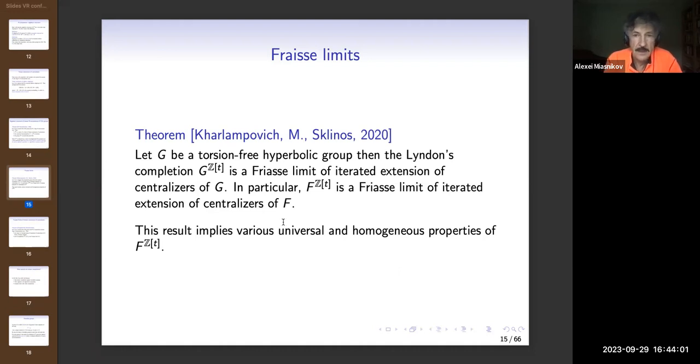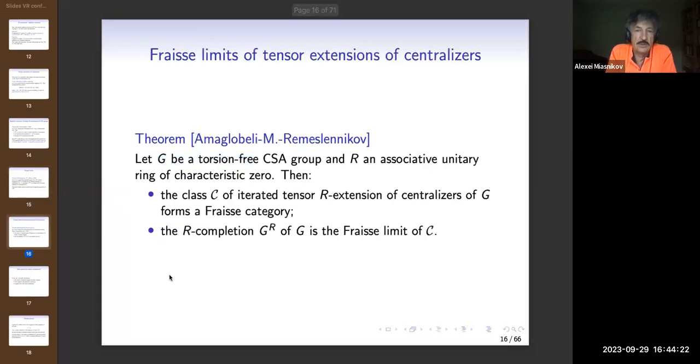So it was done for a ring of polynomials in one variable with integer coefficients, for an arbitrary torsion-free hyperbolic group. In fact, if you think a little bit and adjust the construction, you can do it for an arbitrary ring R of characteristic 0.